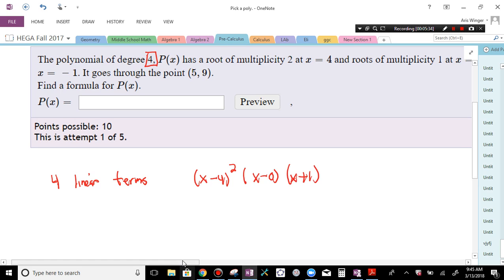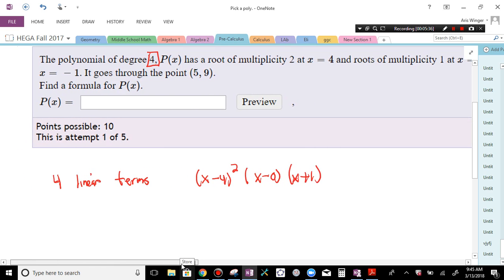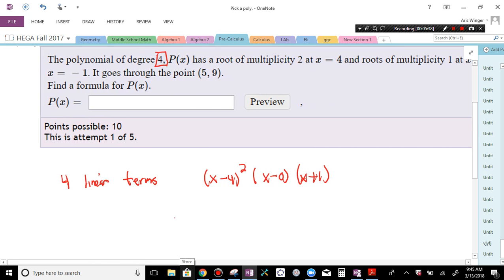If I have written this nicely. Yep, I have. All right, so we're talking about x times x plus 1 times x minus 4 squared.